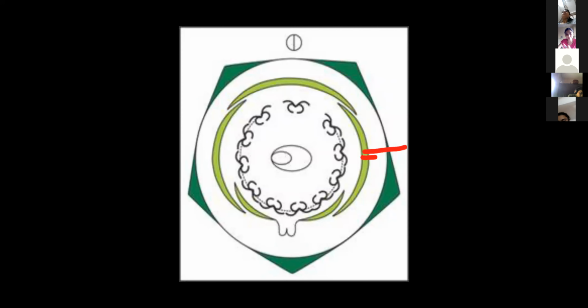Then these lateral petals we call wings or alae, correct. And the third one, the smallest, we call keel. That's very good. So that's why we call it papilionaceous.